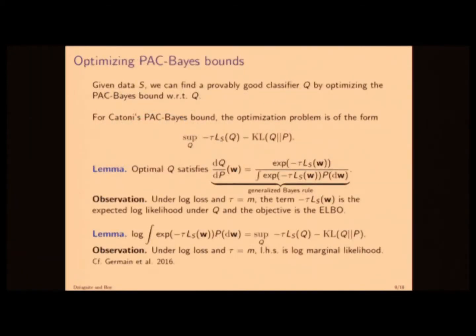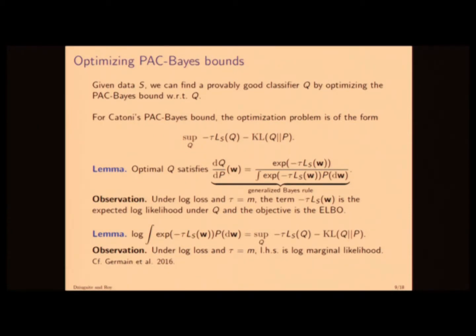All right. These PAC-Bayes bounds, you can treat them as a way to choose a classifier. The reasoning goes, this PAC-Bayes bound is a uniform bound over all randomized classifiers, so I can indeed optimize the bound, and that's valid. So I can find a provably good classifier by optimizing the PAC-Bayes bound.